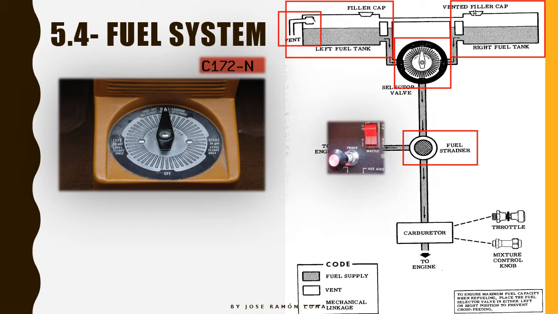This is a primer. The primer is basically a syringe. It's basically a system that we can pull. When we pull, we get some fuel out of the system. We push in again, and that fuel goes directly into the inlet manifold. All right. When we have a cold engine, we need to start. The engine's not really going to start smoothly because it doesn't really have any fuel in the lines.